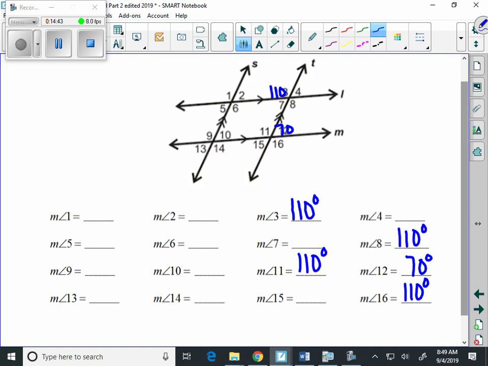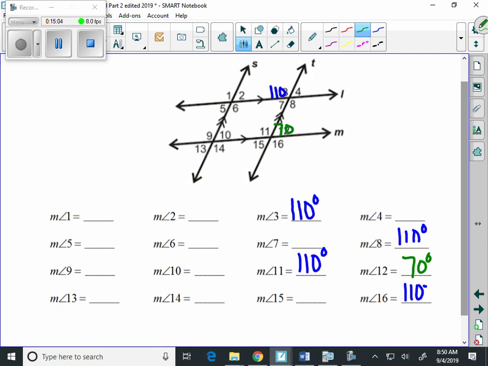If I go back and fill this in, I'm going to change colors here real quick. I'm going to get rid of that 70 and change it to green. Maybe you want to mark up your picture as well, like I am.